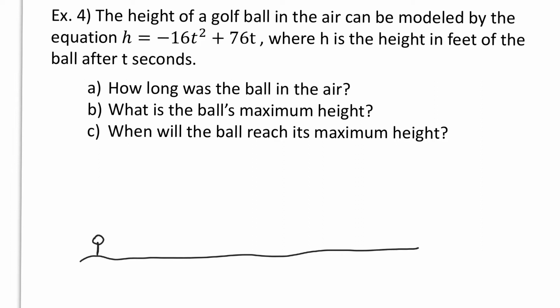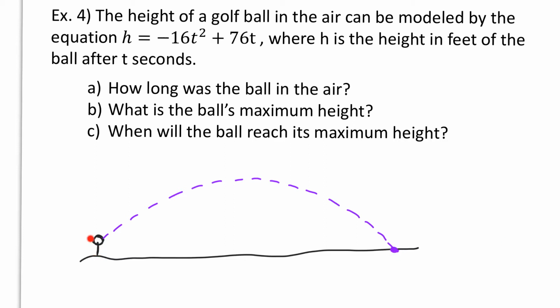So you have the ball here, and when someone hits it, the ball is going to go up, and then it's going to get to a maximum height, and it's going to come down, and eventually it's going to hit the ground right here. And yes, it's going to roll forward, but we're not looking at where it rolls. We just want to know when it hits the ground.